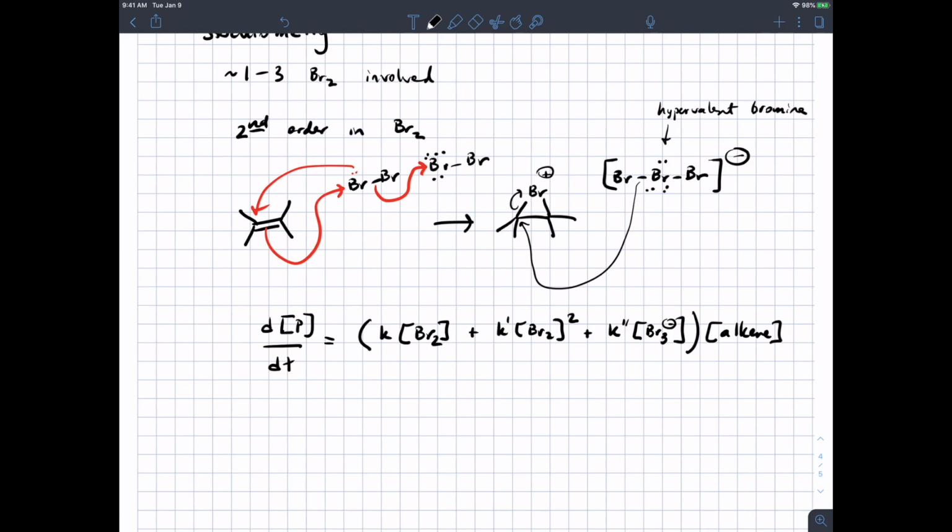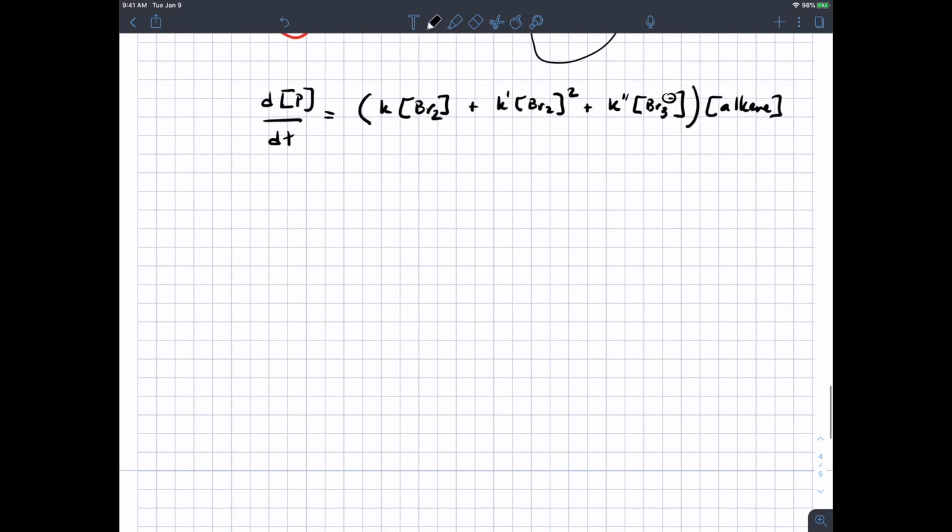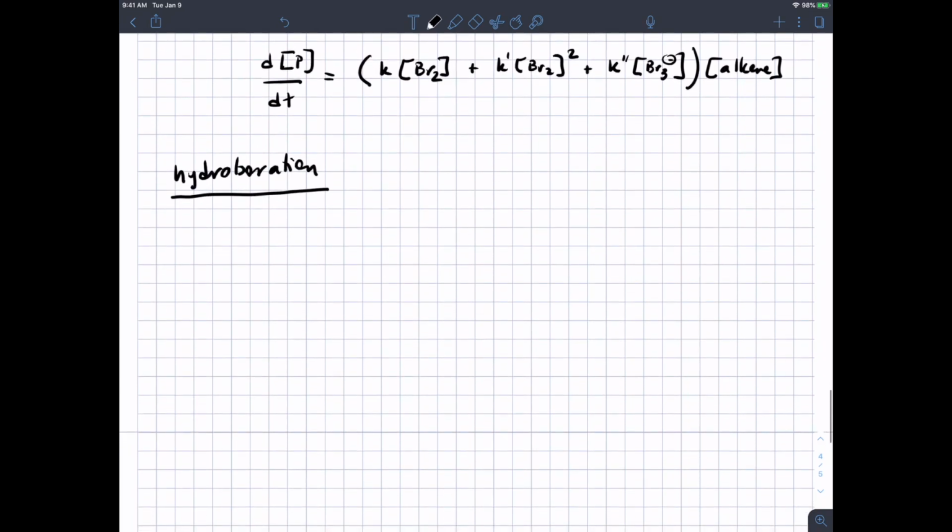I think there's a lot we could say about hydroboration. I feel like this is one that you should know pretty well. It is in your text, so I feel like we don't need to say too much.